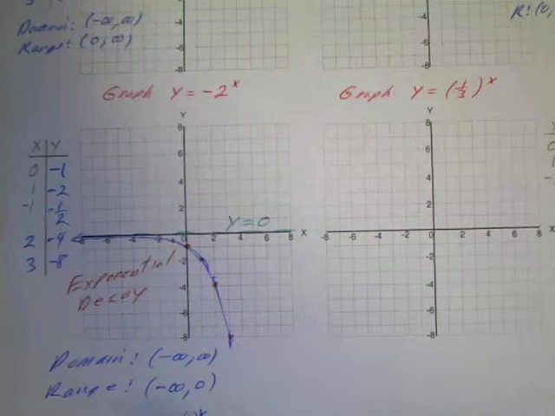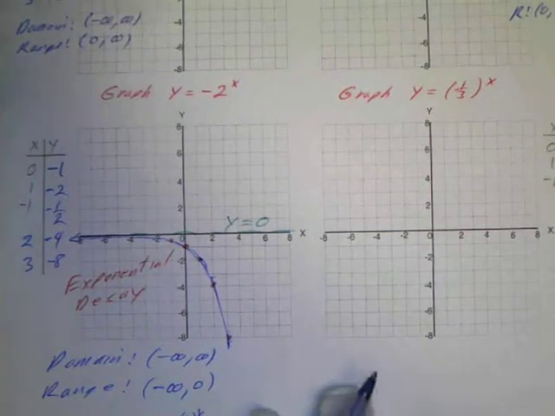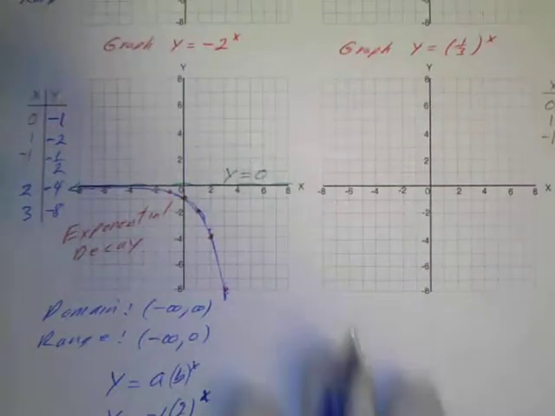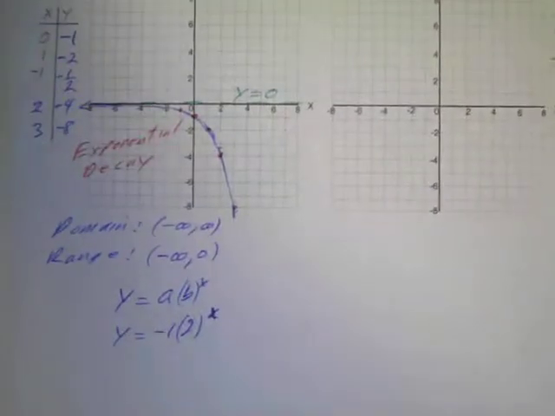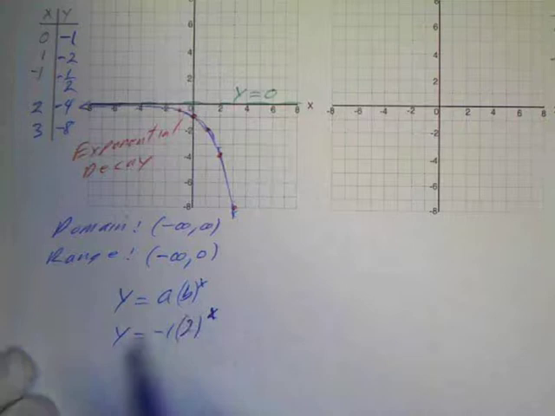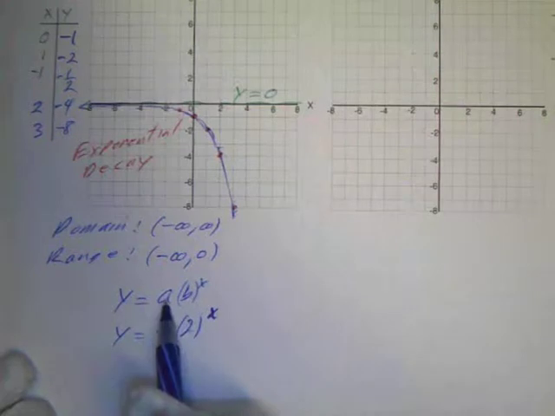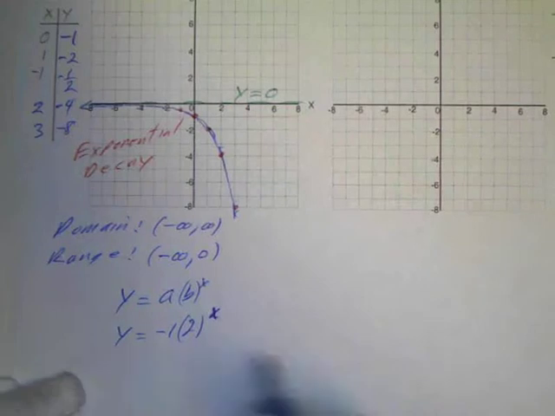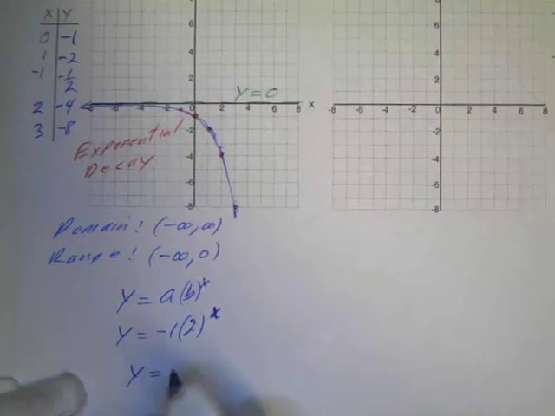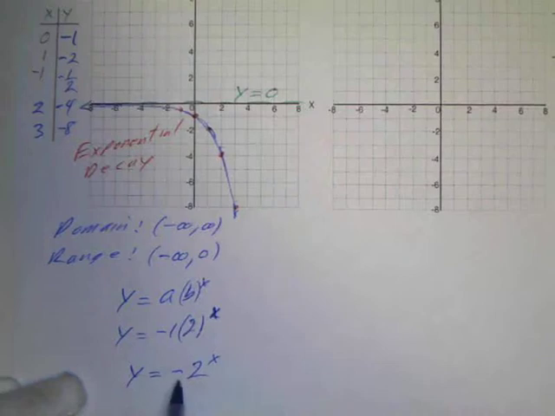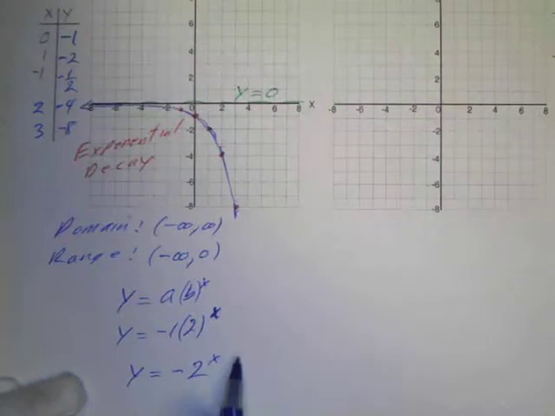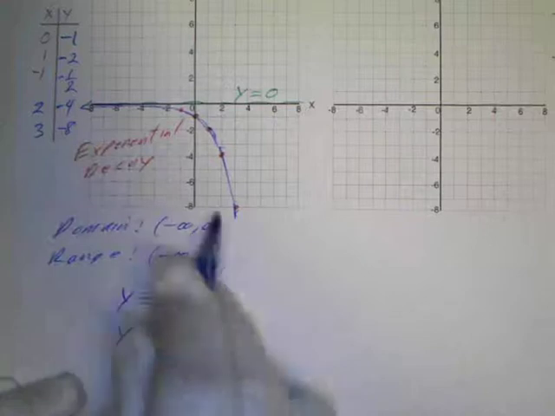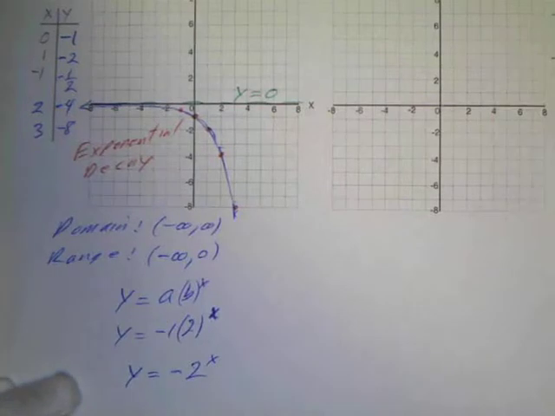So in this case, you can see that the a is negative 1, and the b is going to be 2. So when the a is negative, we have exponential decay. When the a is positive, we have exponential growth.